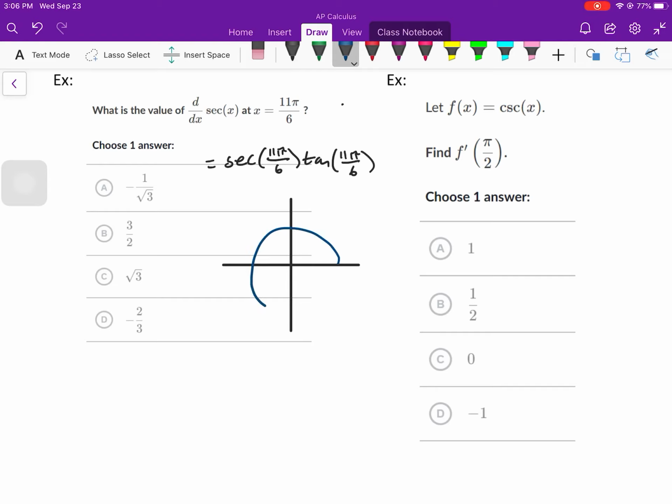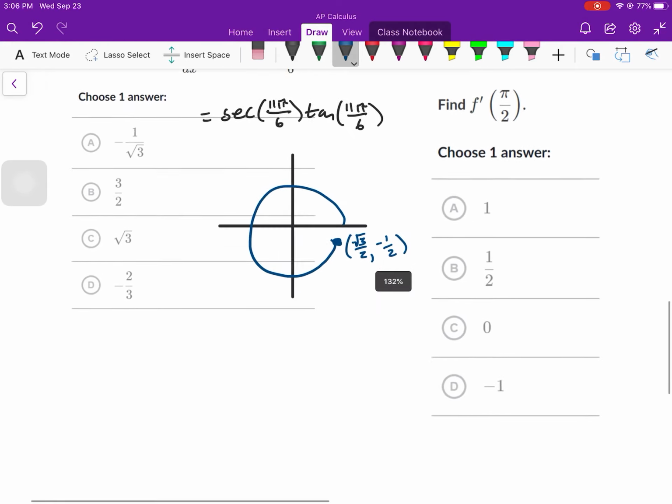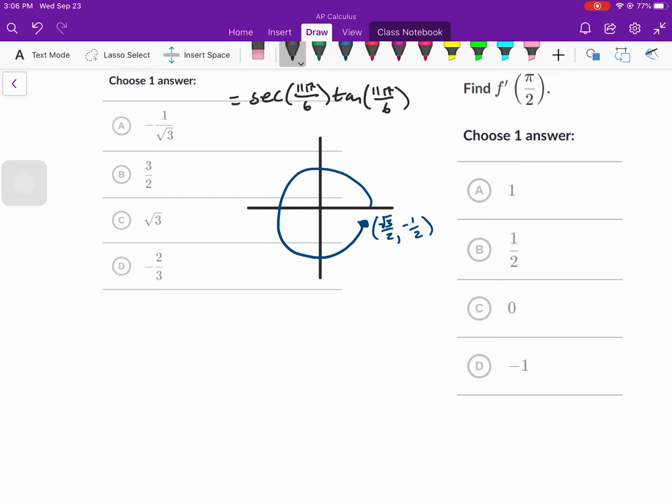And 11 pi over 6 is going to be all the way right here. And so secant is going to be the flipped x value, which is square root of 3 over 2. Tangent, though, is going to be sine over cosine. So we got quite a bit going on here. So this is going to equal the flipped version of cosine, so 2 over the square root of 3. That would be secant. And then tangent would be sine over cosine.